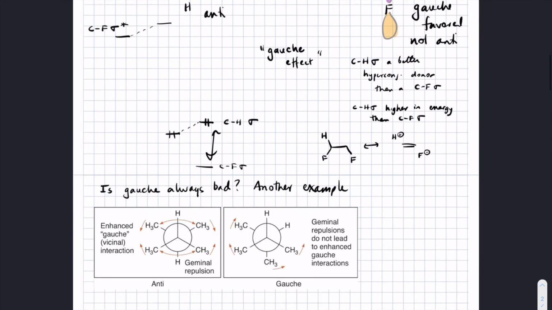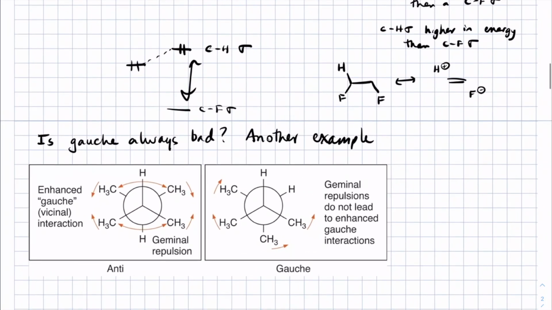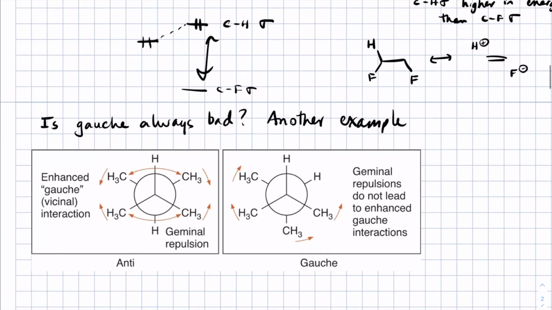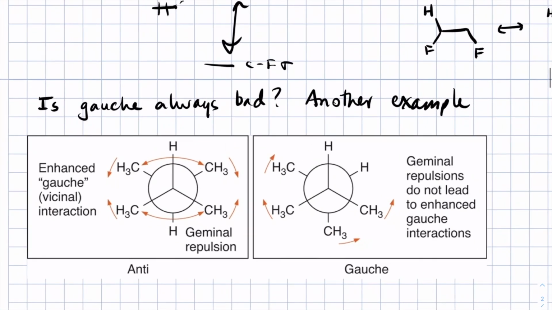So another sort of trivial case, and you can forget it, is where gauche is not bad: a 1,1,2,2-tetra-alkyl substituted ethane, where the carbon in the front and the carbon in the back both have alkyl groups. Here is an anti-conformation.